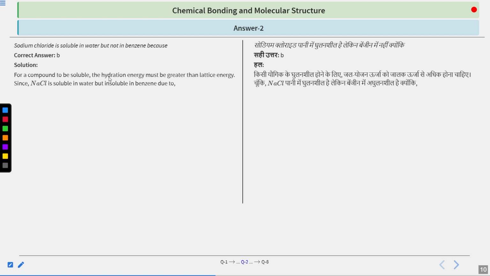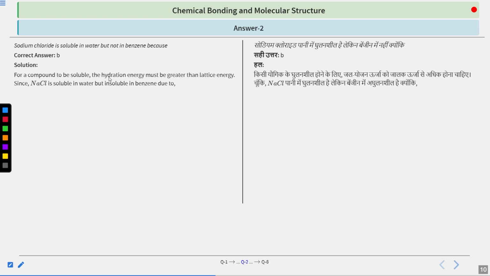There will be an interaction set up between the positive part of the salt and the negative part of the water, like your Na plus and the oxygen of H2O. Similarly, there will be an attraction between the chlorine of sodium chloride and the hydrogen of water.